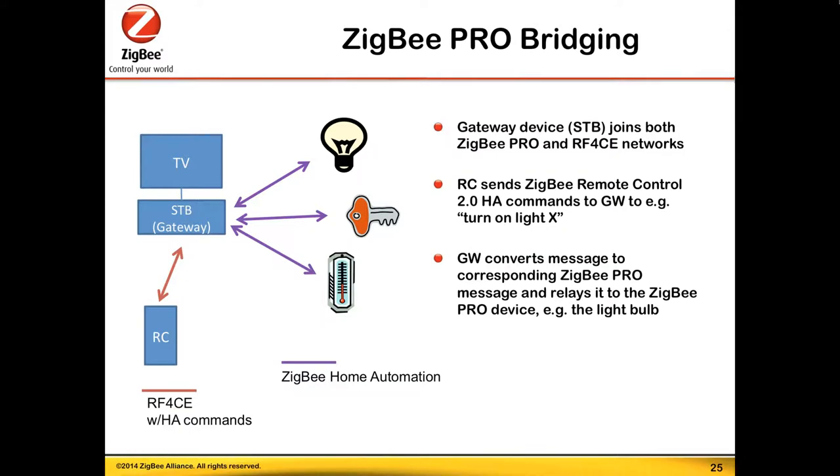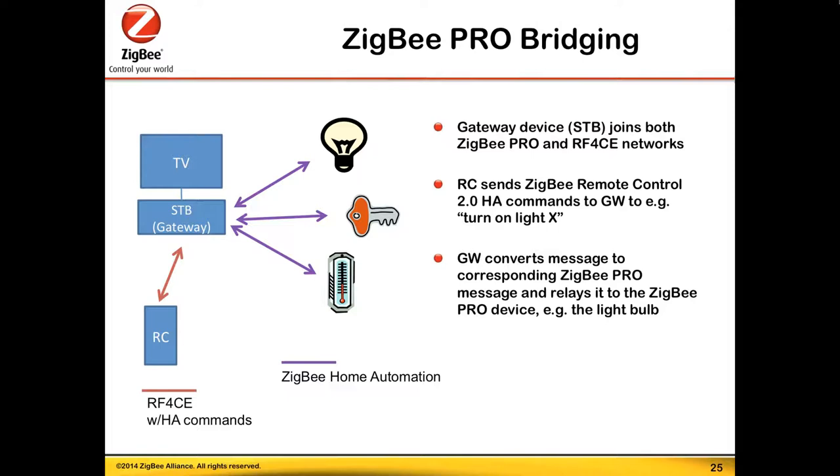this is a very rough picture of the overall system of how it would work. So you essentially have a ZigBee network, or you can have more than one ZigBee network in your home. For example, you see lighting devices may form their network. The electric meter, for example, has its network and so on. And then for the RF4CE, there are two devices.